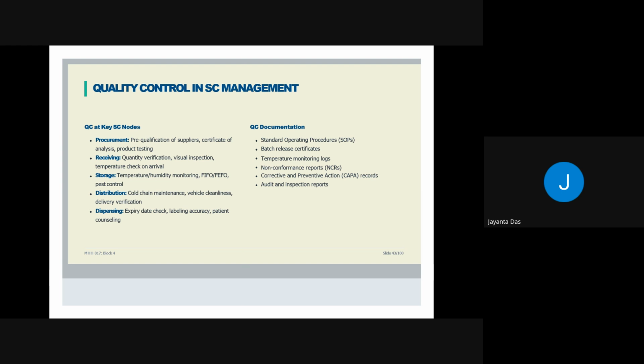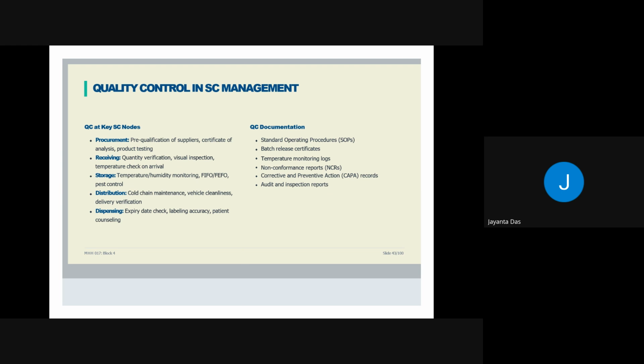Storage: how we are storing it, whether the storing is as per recommended norms, whether FIFO or FEFO are being properly practiced, pest control measures taken. Distribution, particularly for cold chain maintenance, vehicle cleanliness, delivery verification. And dispensing: expiry date check, labeling accuracy, and patient counseling.